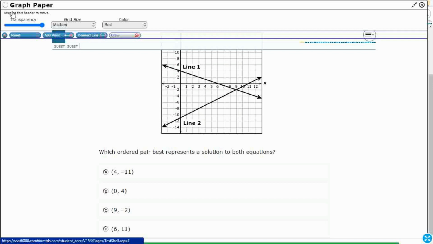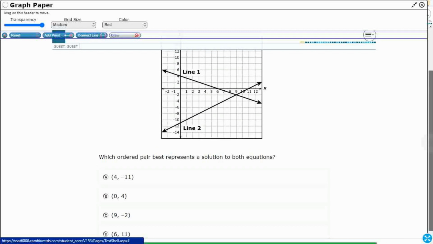We just need to keep that in mind. So 4, negative 11 is going to come all the way down right here. Okay, so that's just sitting in the middle of nowhere.